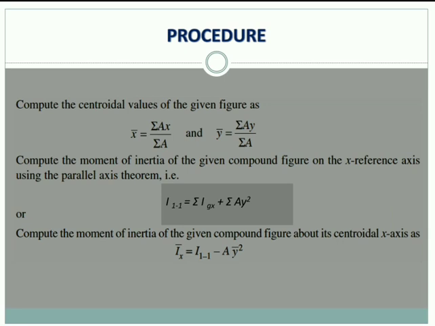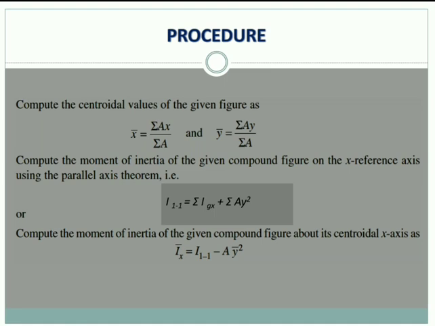So now when I take the axis 1 1, how is it? It is parallel to your xx axis. So which theorem do we apply? Parallel axis theorem. From the parallel axis theorem we get I11 is equal to summation Igx, which we take from the column, plus summation A y bar square, which again we get from the column.